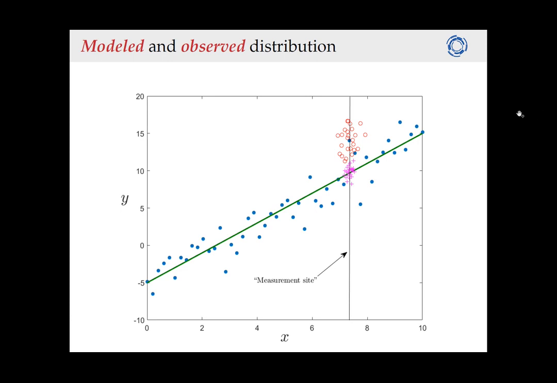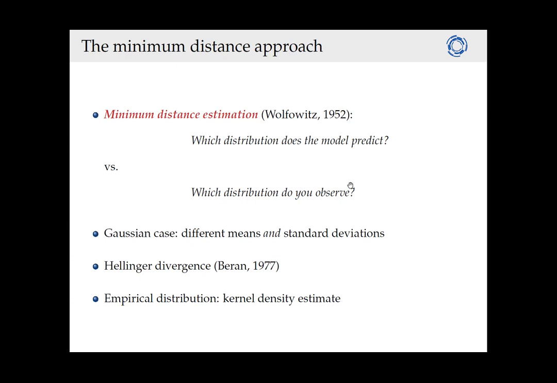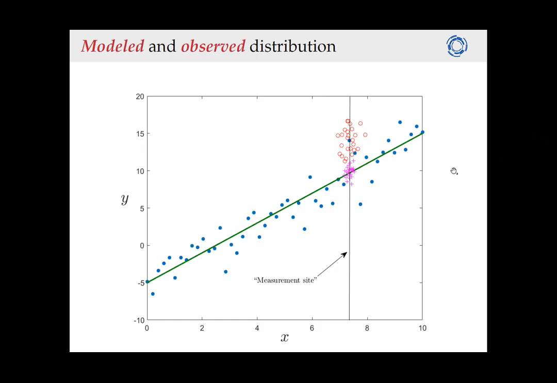Now I want to talk a bit more about what we have mentioned already: the distribution that you predict versus the distribution that you observe. This is represented by this cartoon here. Again, a dependent variable y, predictor variable x. Suppose you have this linear regression model. The blue points are individual measurements.